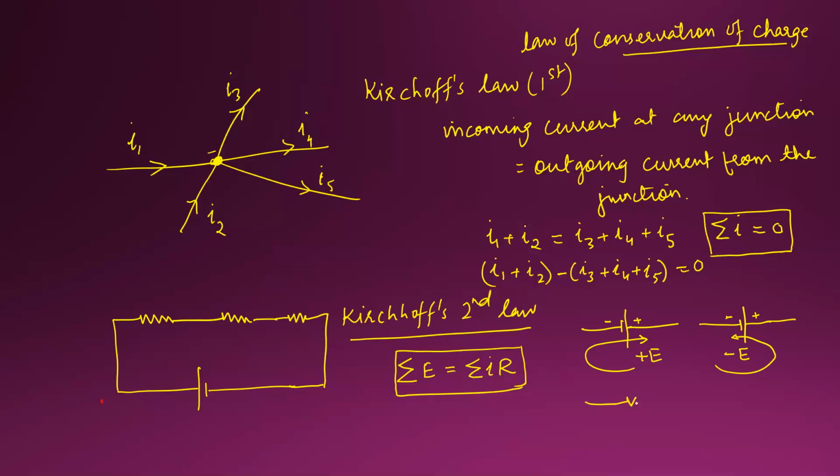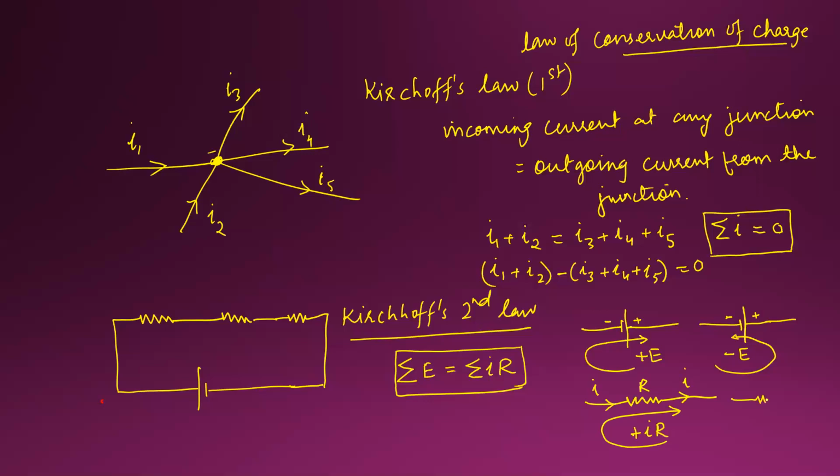If there is any resistance in the circuit and the current, with the help of Kirchhoff's first law, flows in a particular direction, and the direction of your assumed loop is the same as the direction of current flow with the help of Kirchhoff's first law, then the potential difference across this resistance will be taken as positive.